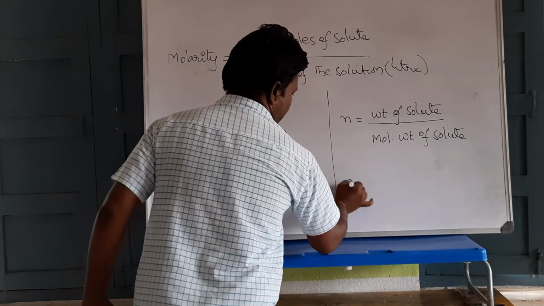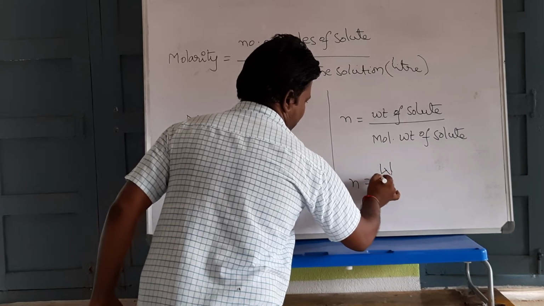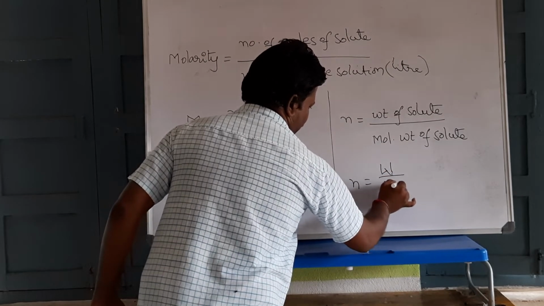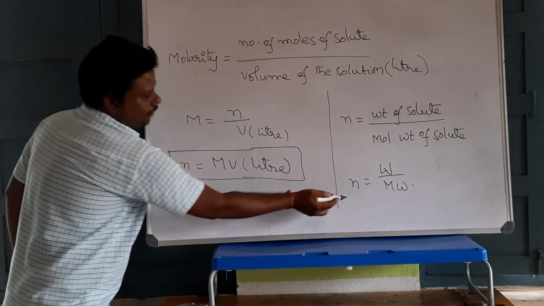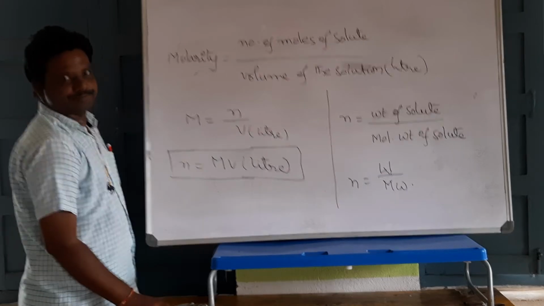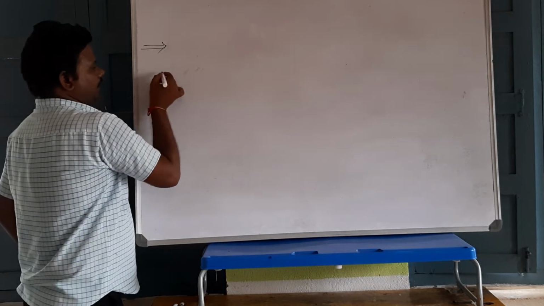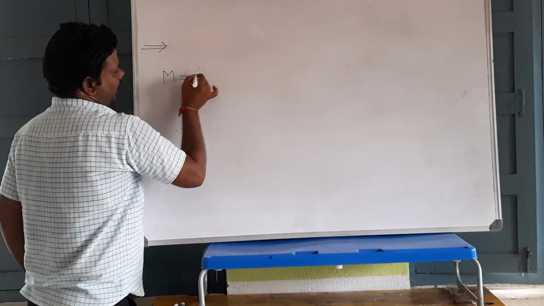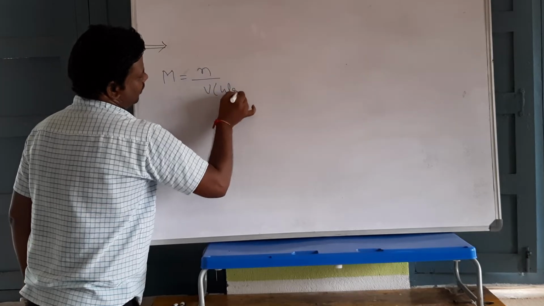That means N is equal to W by MW. So this value substituted in this equation, we can get the molarity formula. Molarity M is equal to number of moles of solute by volume of the solution in liters.